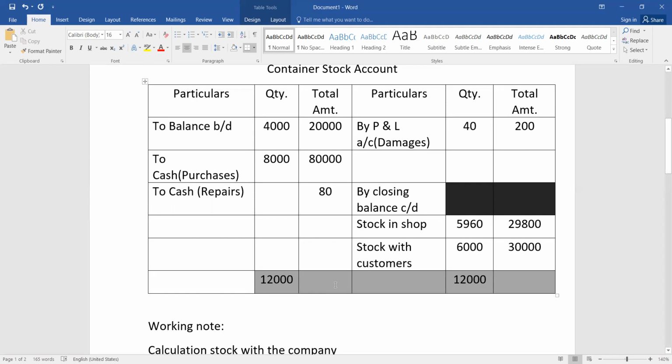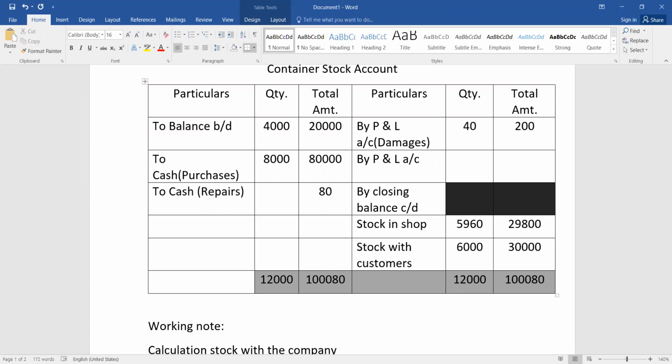So let's balance. We have a debit side balance of 1,80,000 and I take the same total towards my credit side, but the total doesn't match. That means we have a balancing figure here, and that would be transferred to the P&L account.